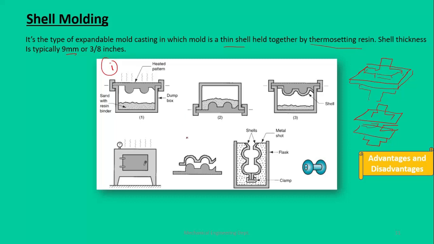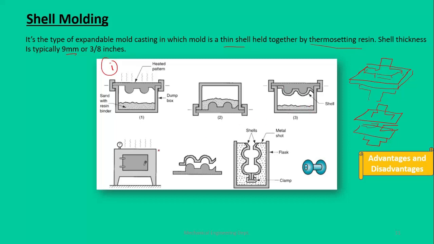The layer of the mixture partially cures on the surface and forms a hard shell. So there's a layer of mixture of sand and resin that partially cures and forms a shell over the pattern surface. Then the box is repositioned into its original position, and the remaining sand particles are allowed to settle down.